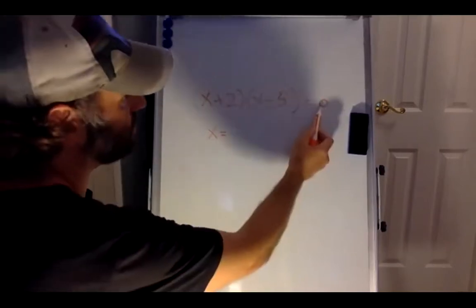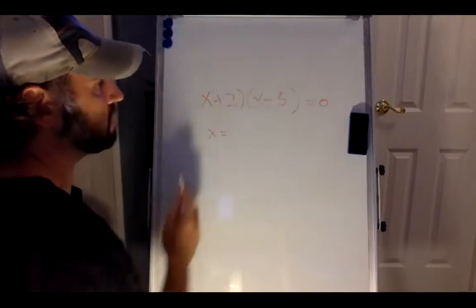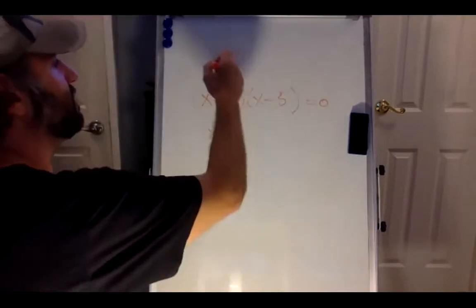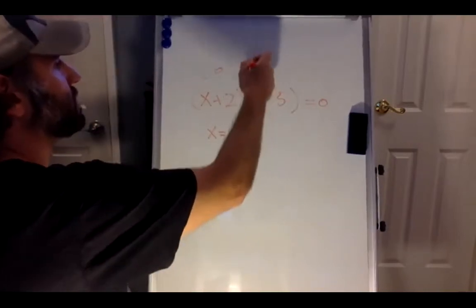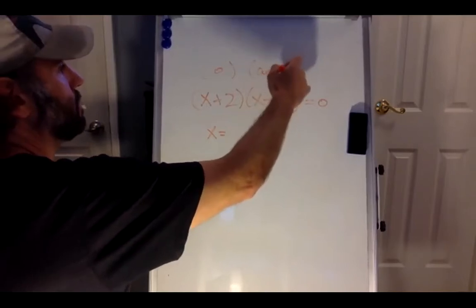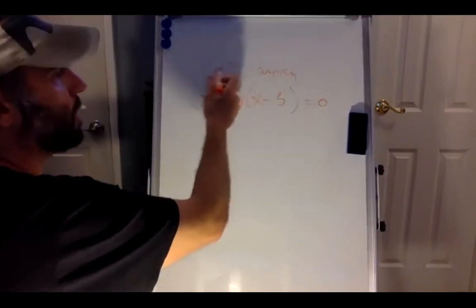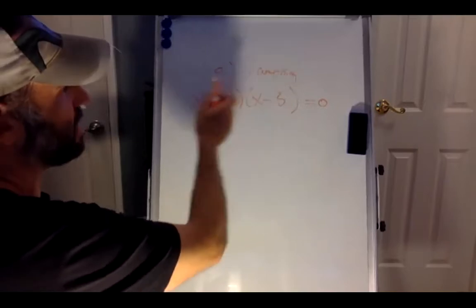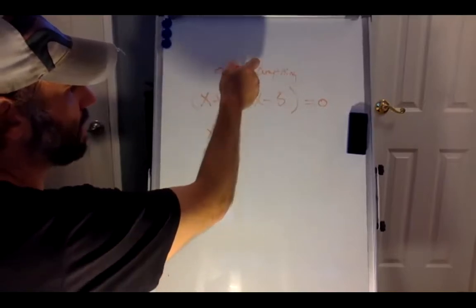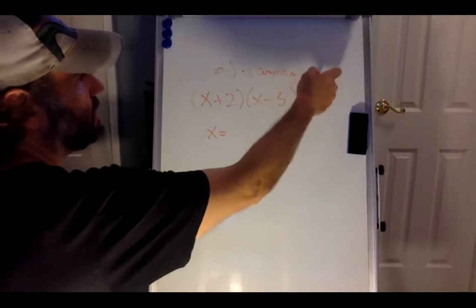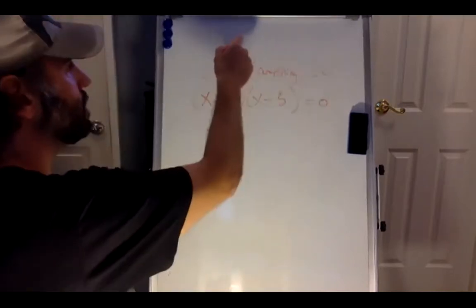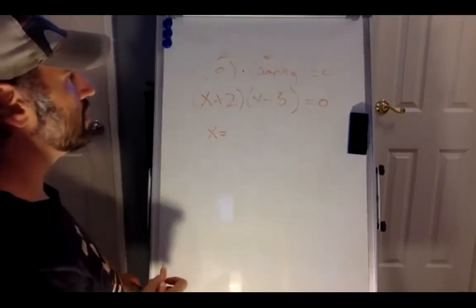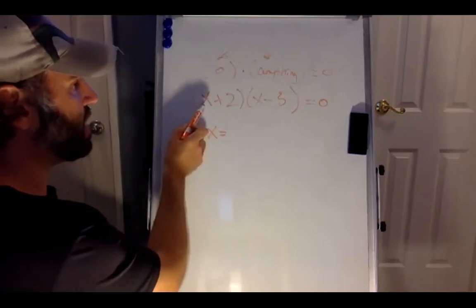How do you make this 0? How do you make the equation 0 equal to 0? Either this has to be 0, and this could be anything, because the zero property of multiplication says it doesn't matter what that is if that's 0. When you multiply, it's going to equal 0. Or the other way around. So what does x have to be to make this 0?